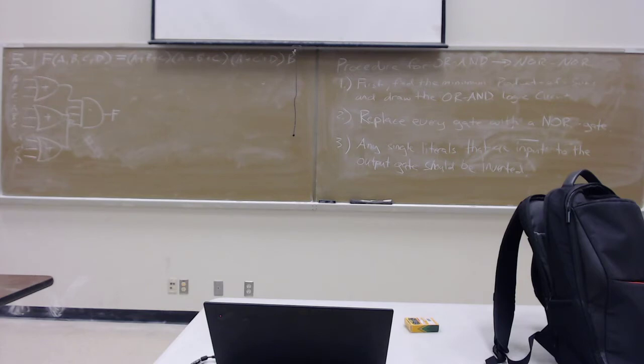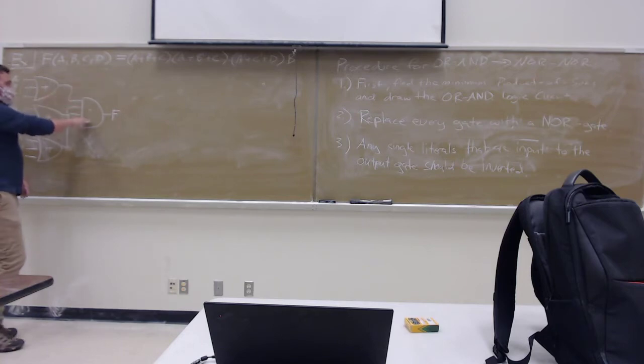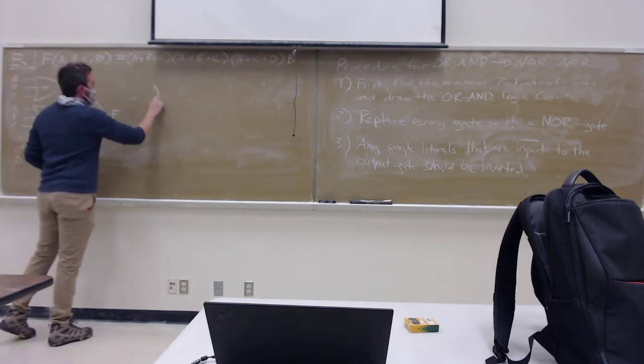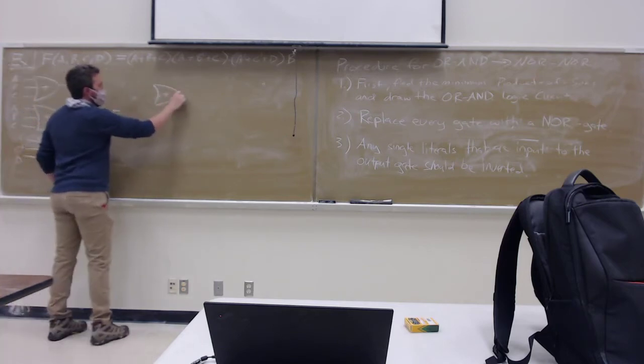Now we can draw the logic circuit without even doing the Boolean algebra, right? What do we have to do? First off, make sure we have an OR AND circuit, which we do, because we had a product of sums expression. We're now going to replace every gate with NOR gates.